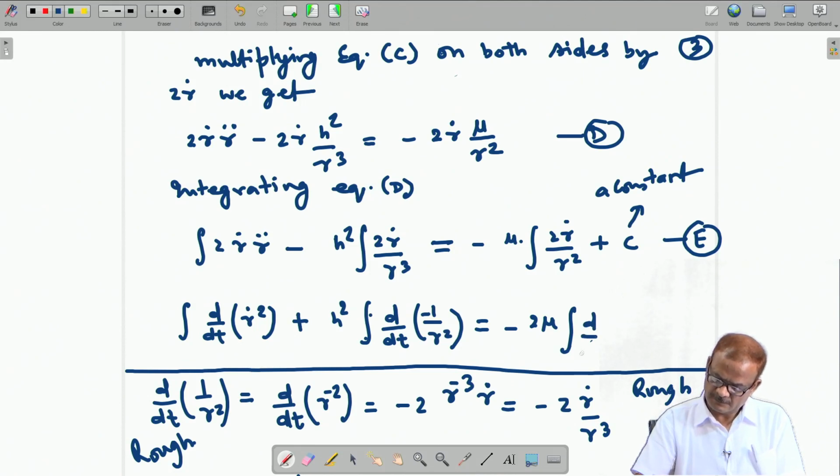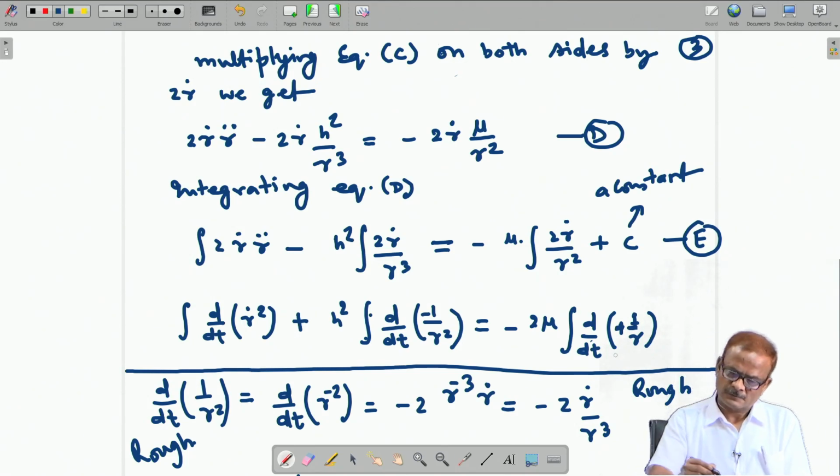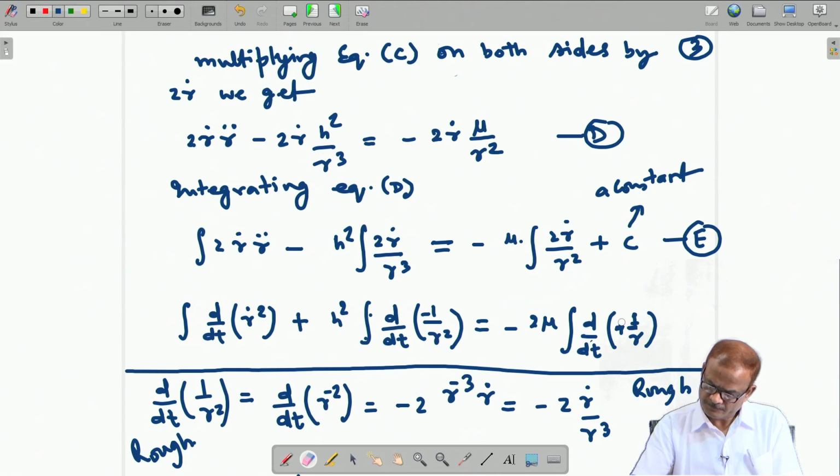d by dt plus 1 by r. So, if we write it in this way, okay.